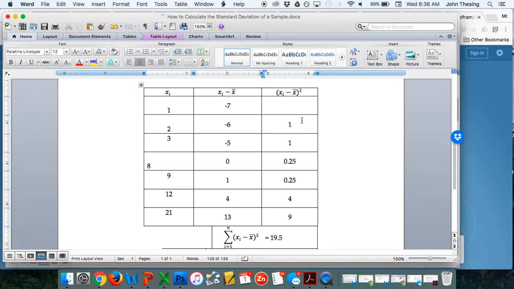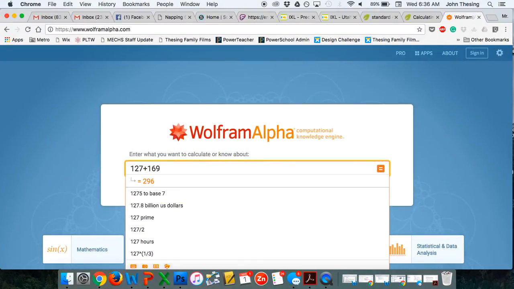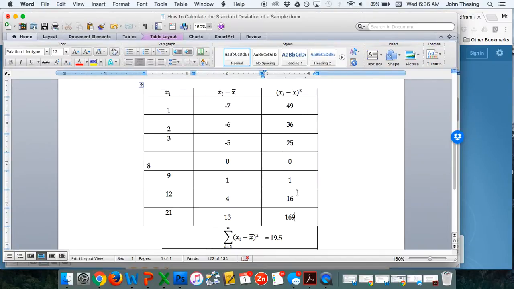Okay, cool. So if we square these, we get 49, 36, 25, 0, 1, 16, and 169. If we add these up, we get 85, 110, 111, 127 plus 169. 296, I believe.